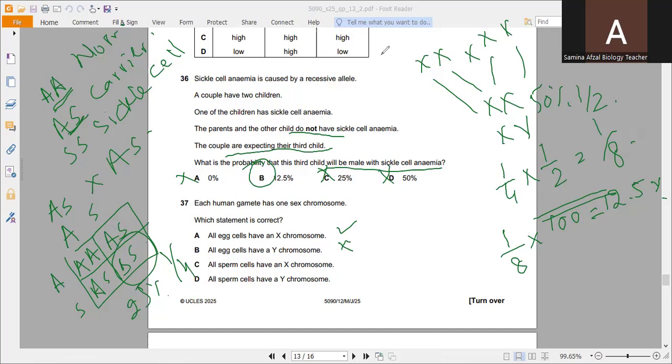You can see here, males have X and Y chromosome, and they produce sperms. 50% of these sperms will carry X and Y. So therefore, statement A is the only absolute one, that all egg cells will provide only the X chromosome.